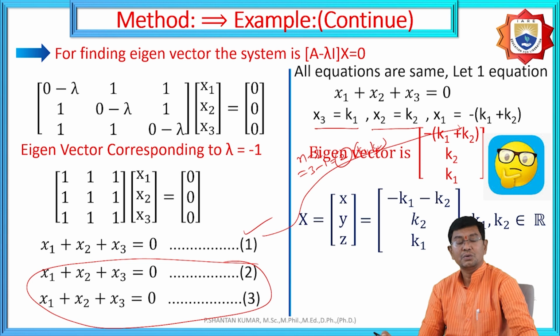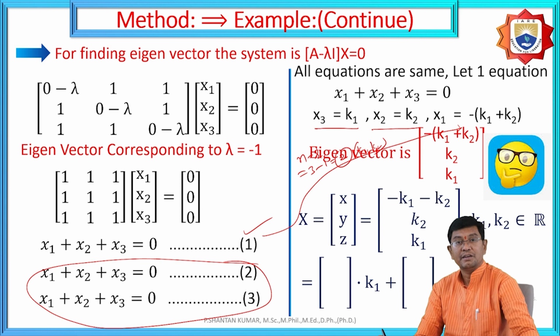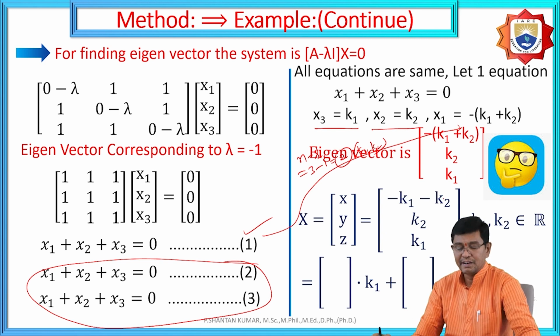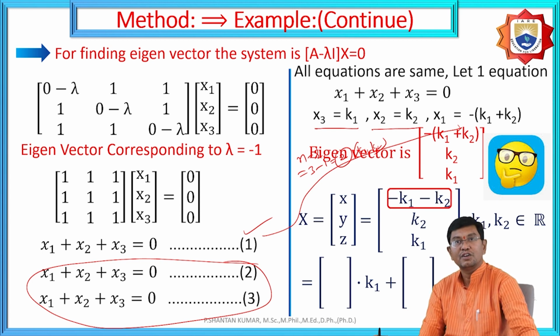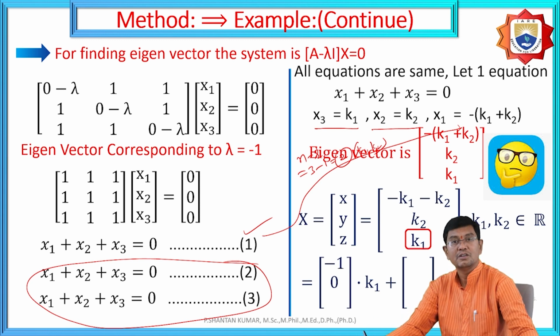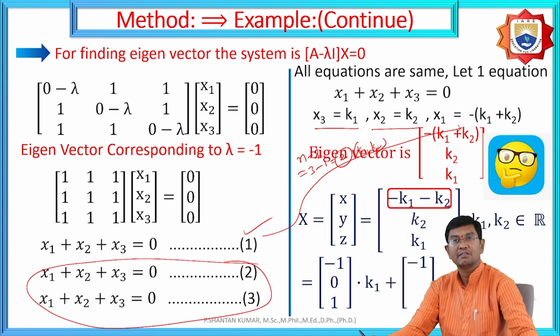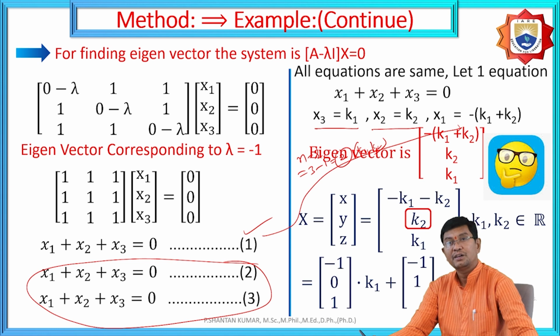Here we need to take two different eigenvectors, one with k1 and one with k2. For k1, the first row is multiplied by minus 1, the second row has no k1, so 0, and in the third row k1 has the value 1. Similarly for k2, the first row coefficient is minus 1, the second is 1, and the third row is 0.